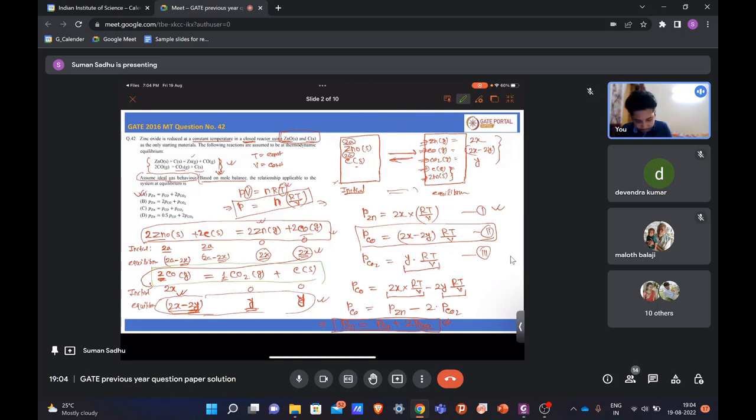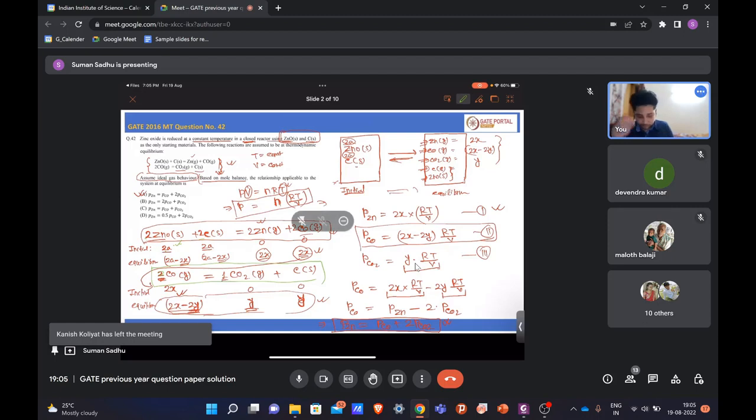As 2 is there, you have to multiply both sides with 2, and let's say initially 2 mole of ZnO and 2 mole of carbon were there. You can take anything, it is not necessary to take 2A, you can take A also.